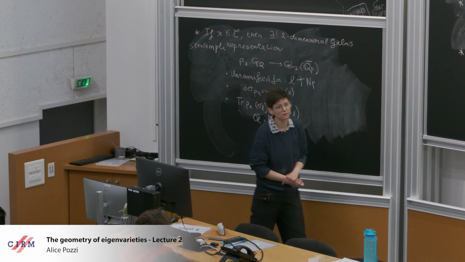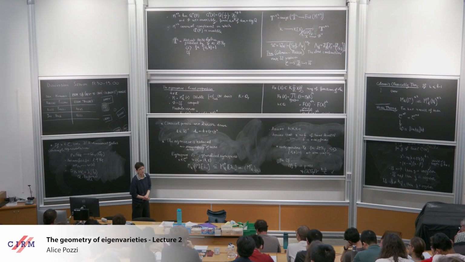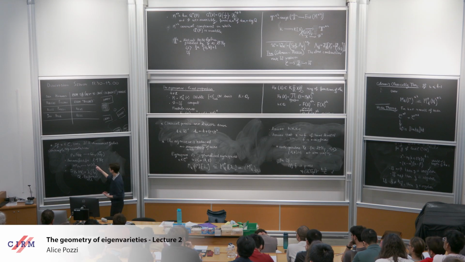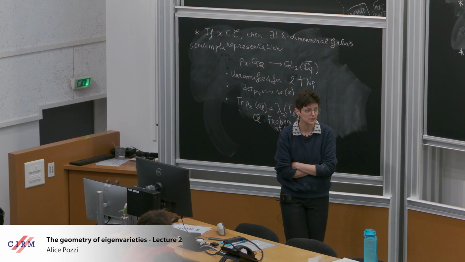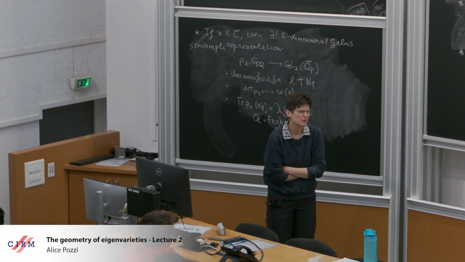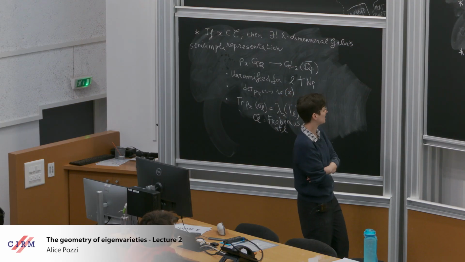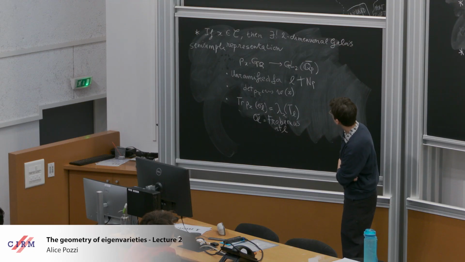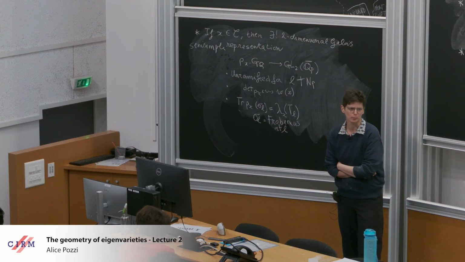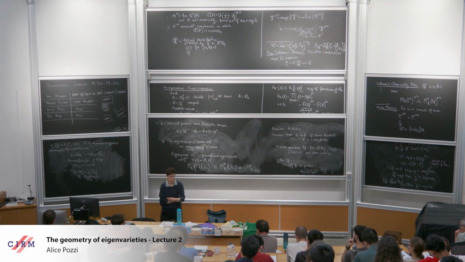We can think of it as something that interpolates the characteristic polynomials. In fact, for a two-dimensional case and in characteristic not 2, it's fine to just interpolate the trace, and that would be enough.